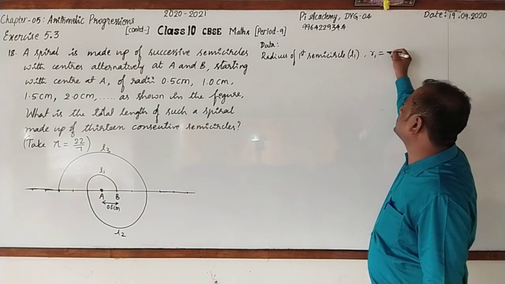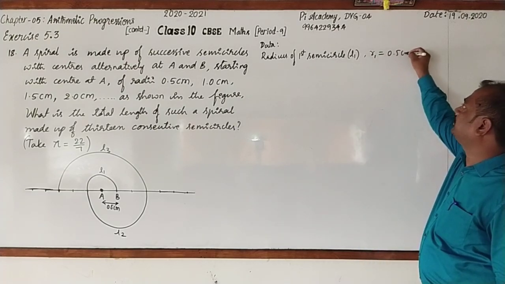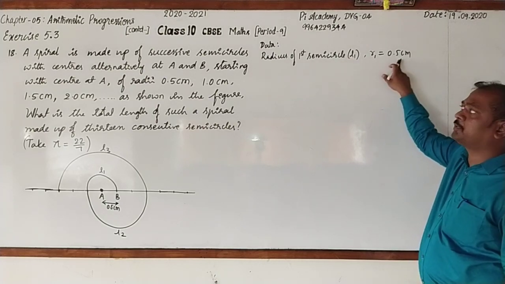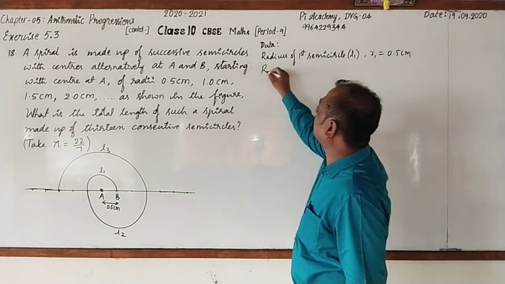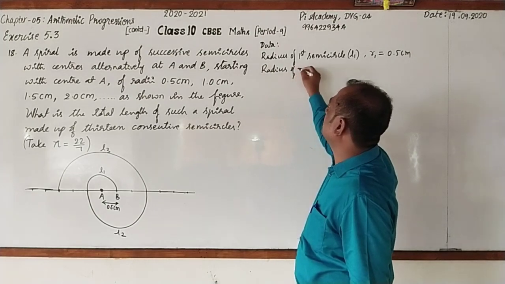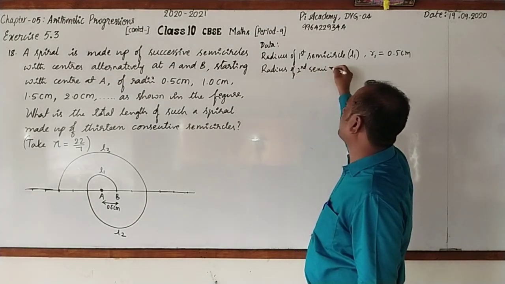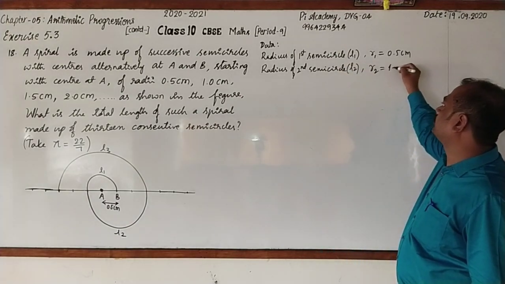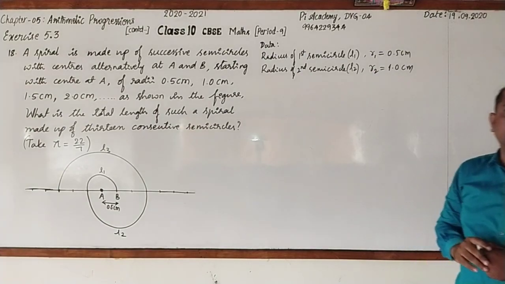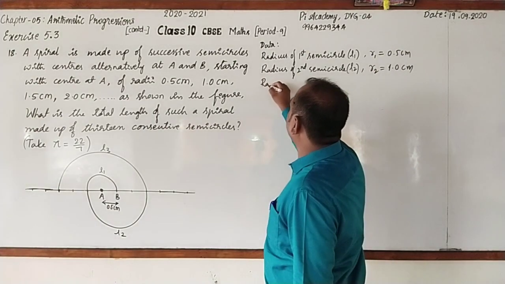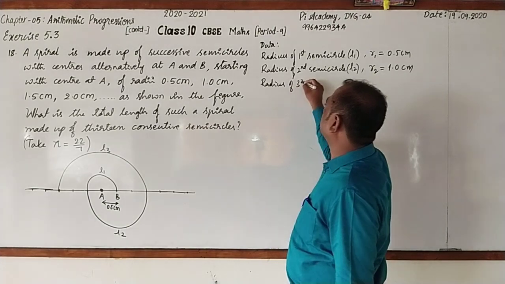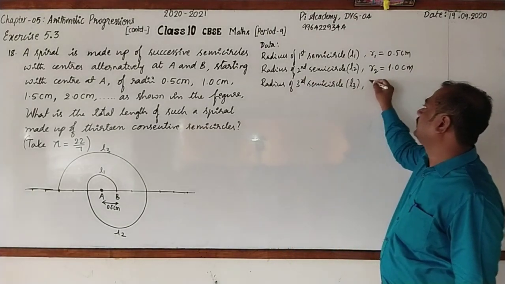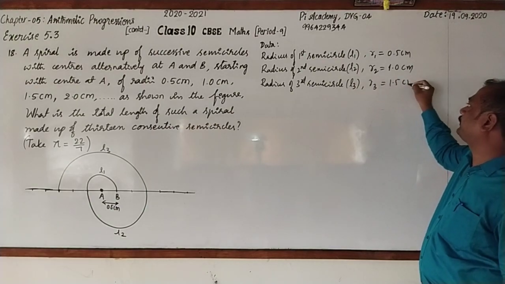R1 is equal to 0.5 centimeter. Then radius of second semicircle, it is L2. R2 is equal to 1.0 centimeter, that is nothing but 1 centimeter. Then radius of third semicircle, that is L3, R3 is equal to 1.5 centimeter.